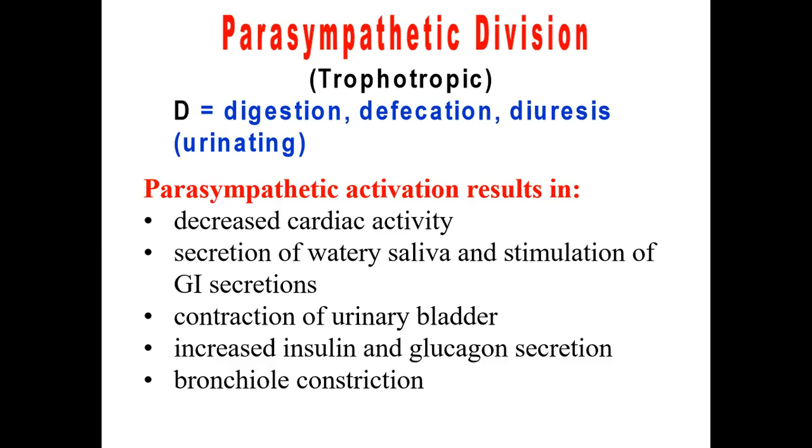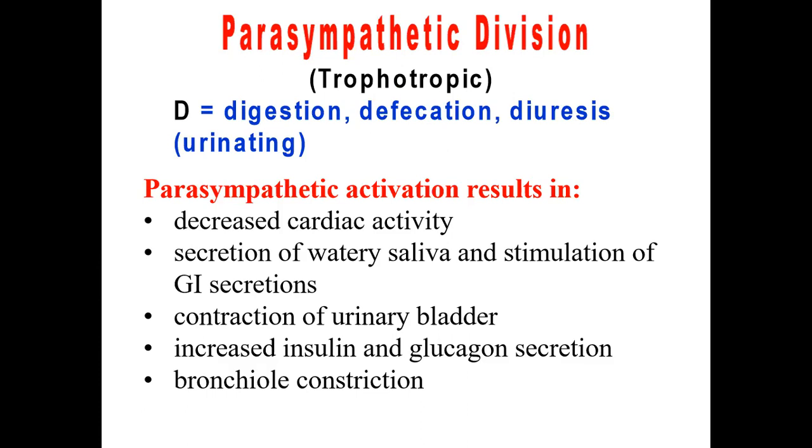When you look at the parasympathetic division, also called trophotropic activity, it mainly involves digestion, defecation, and diuresis actions. So rest and digest, as I told you, is the main criterion of the parasympathetic nervous system.